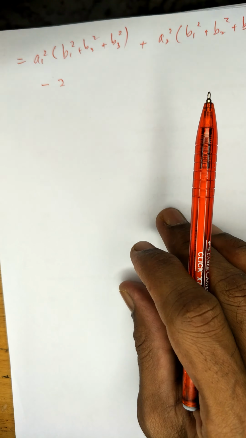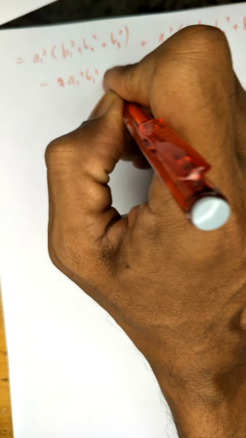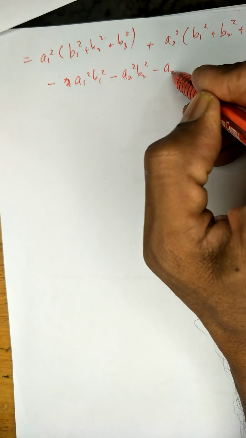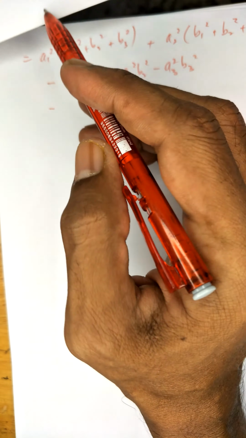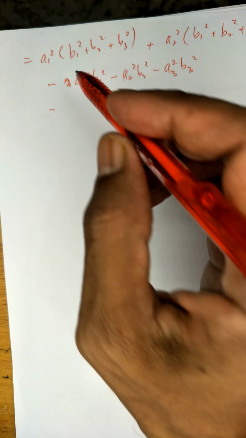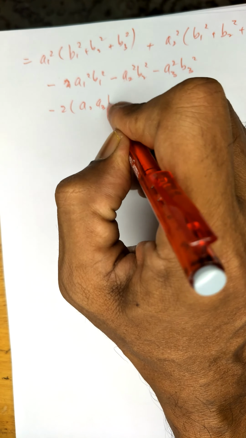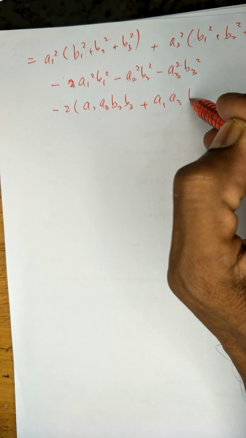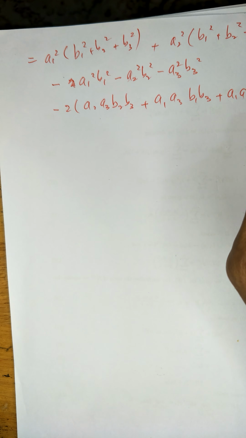So we have minus a1 squared b1 squared minus a2 squared b2 squared minus a3 squared b3 squared, and minus this part here, minus 2 and everything. So we have minus 2 (a3 a2 b2 b3 plus a1 a3 b1 b3 plus a1 a2 b1 b2).